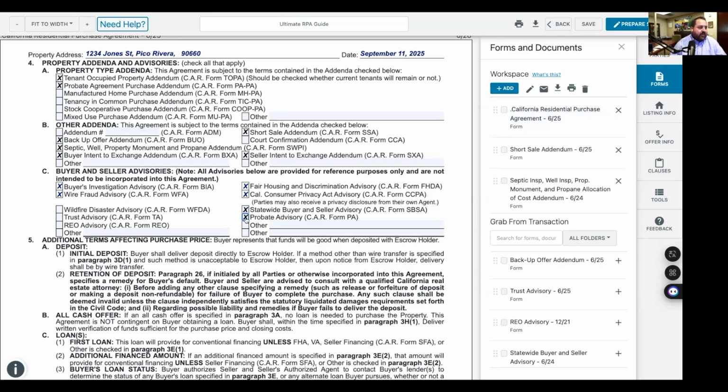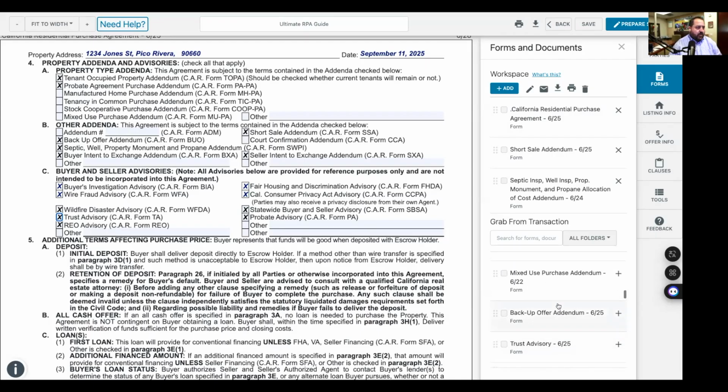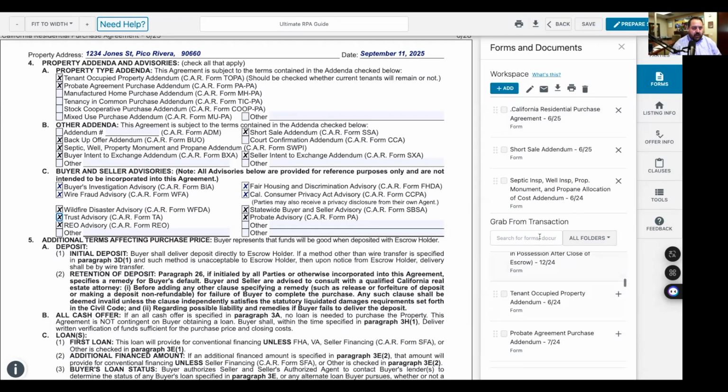The probate advisory, let's put all these little advisories in right now so that they're all added and we could take a look at it. Okay. So let's start with the statewide buyer and seller, because there's really nothing to fill out in that one. So let me get that one here. Let's add that and take a look at it.